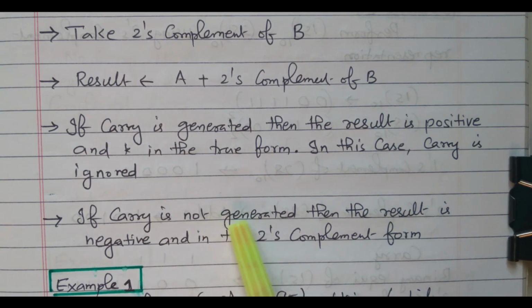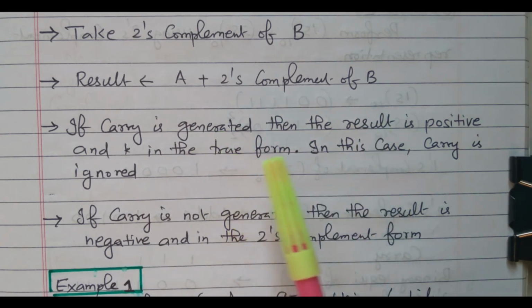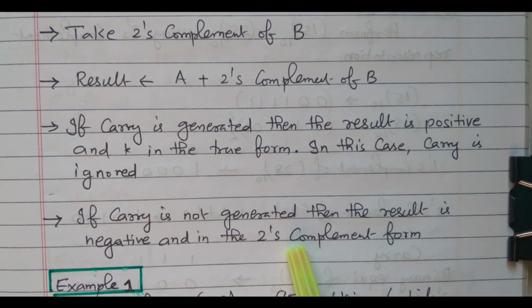If the carry is not generated, the answer is negative and in the 2's complemented form. Again, we need to take the 2's complement, then only we can get the original value. So, if carry is generated, the answer is positive and in true form, and we neglect the carry. If carry is not generated, the answer is negative and in the 2's complemented form.